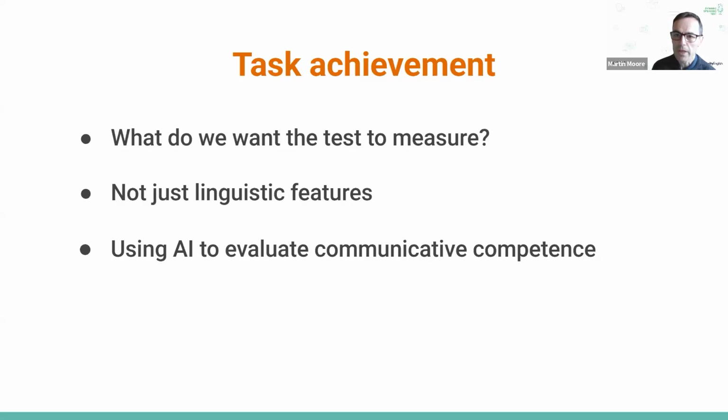We want to measure their ability to speak fluently and accurately, but we also want to make sure that they can communicate. And that's why we have task achievement as one of the factors that the AI is measuring. And actually, this is an area where AI really recently has made a big breakthrough.